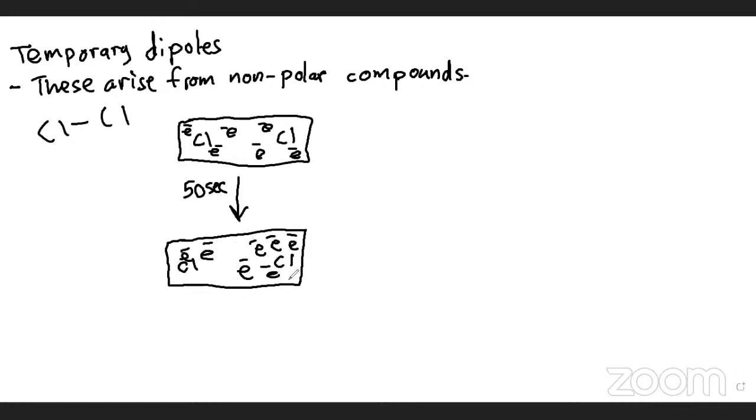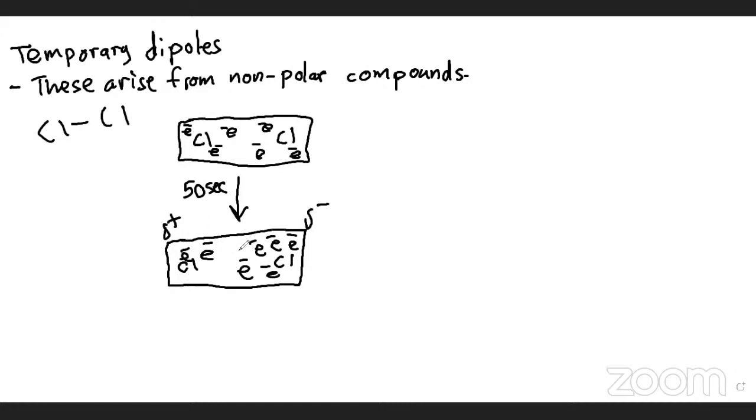It means that the side with more electrons, or the higher electron density, will develop a slightly negative charge. And the side that is electron deficient will have a slightly positive charge. So as you can see here, we have a dipole.